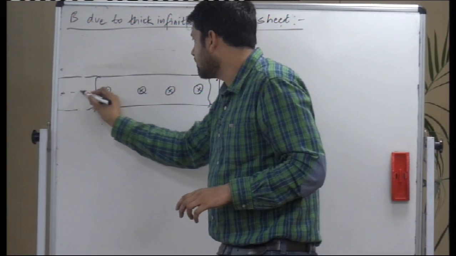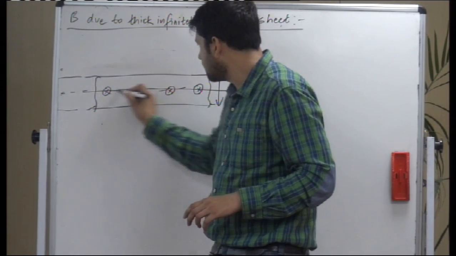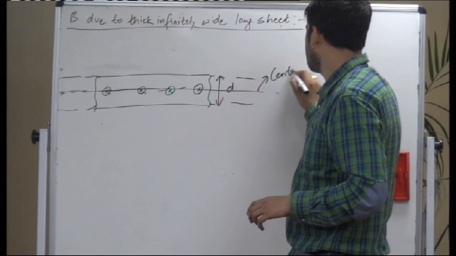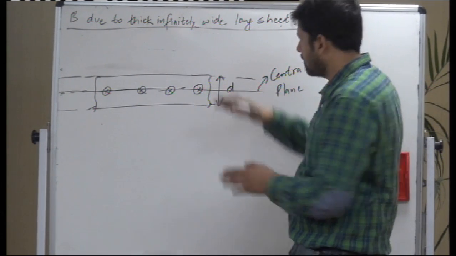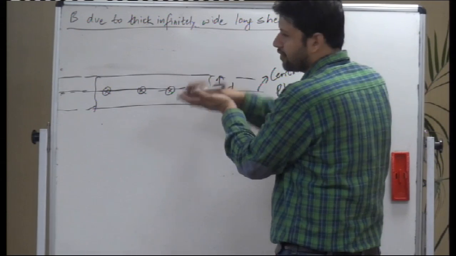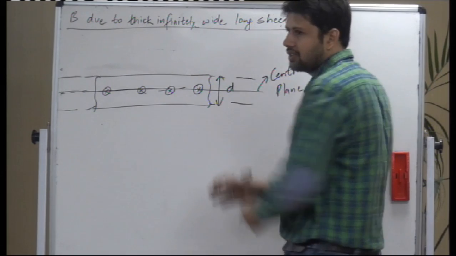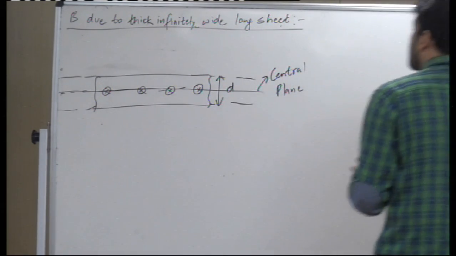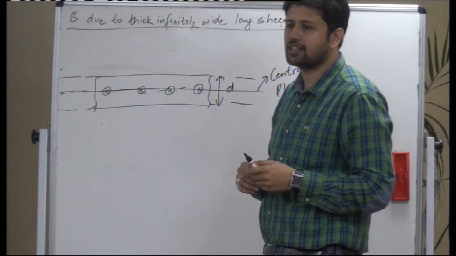We have this central plane, the middle plane. This is the central plane, the plane of symmetry we may also call it. Above this and below this, an equal amount of current flows. Now here the current is carried through a cross sectional area.